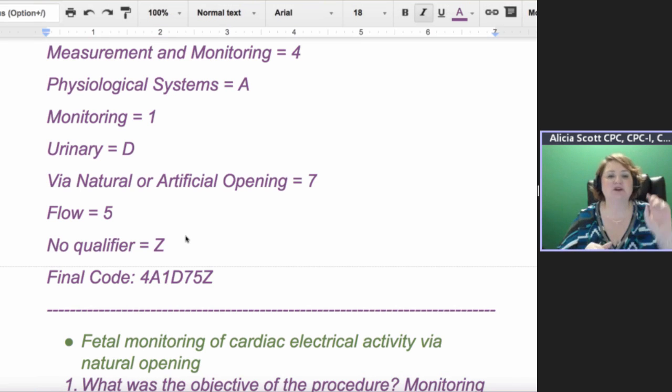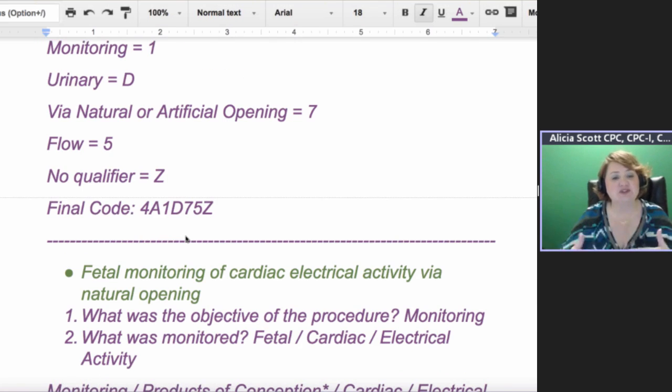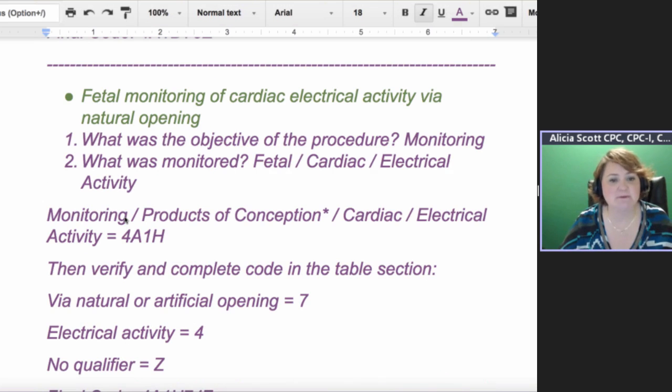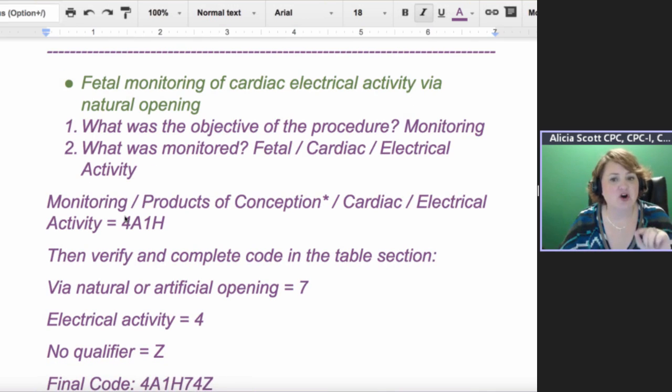Now let's look at some other examples. So we walked through this one. This time we're not going to show you a graph, but I'm going to give you the terminology that you need. Fetal monitoring of cardiac electrical activity via natural opening.